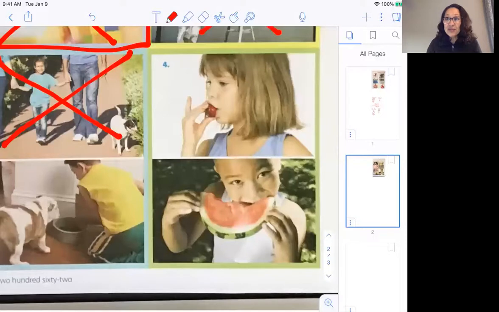You guys were super fast. Yum, yum, yum. So I don't know, maybe you guys could eat it faster than eating a strawberry, but this little boy is gonna take a longer time to eat his slice of watermelon than to eat a little strawberry. So we're just gonna put an X over the little boy that is enjoying his watermelon.